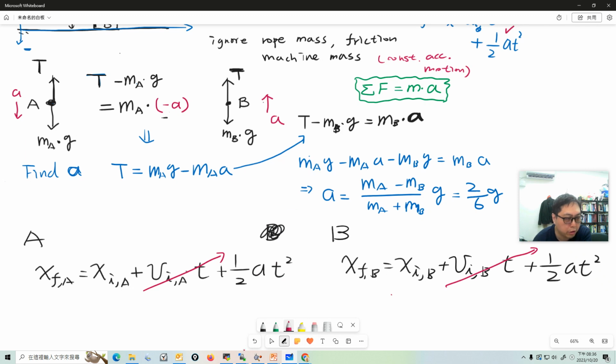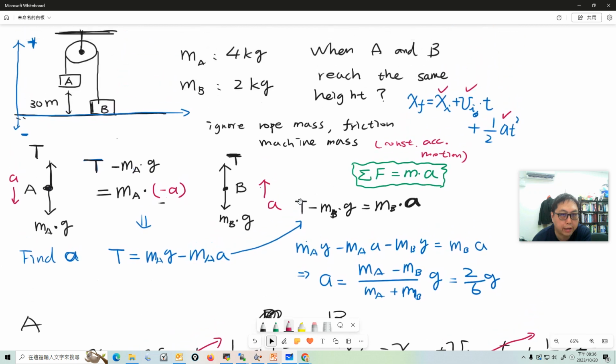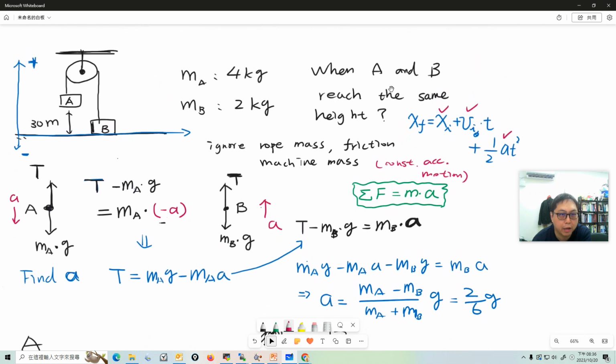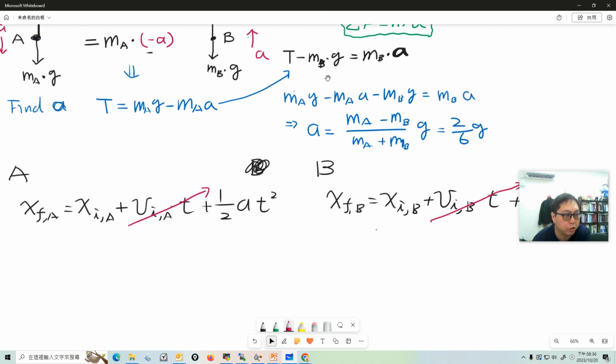Because the problem asks when A and B reach the same height, reaching the same height means XFA is equal to XFB.